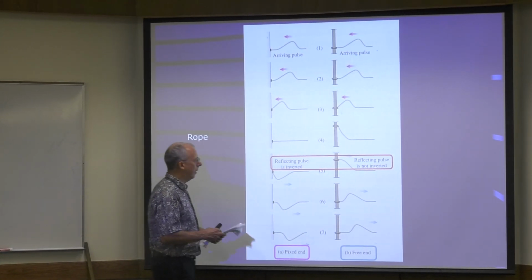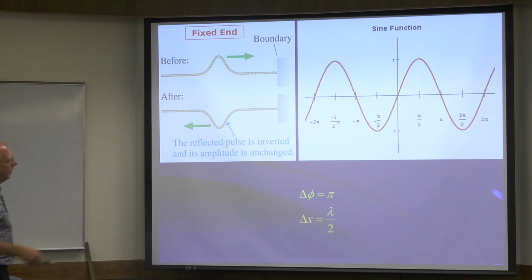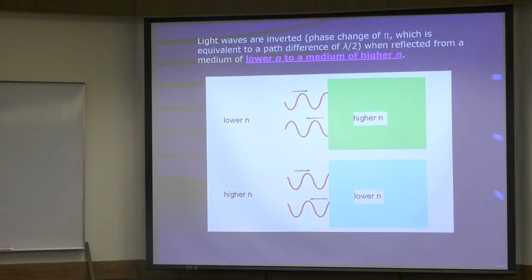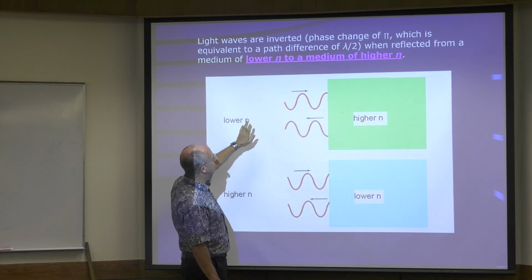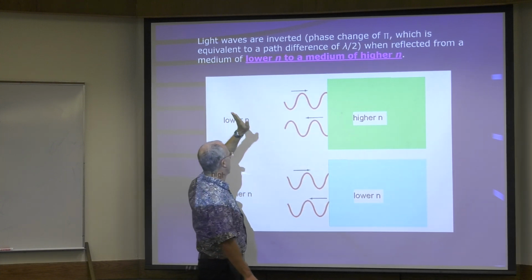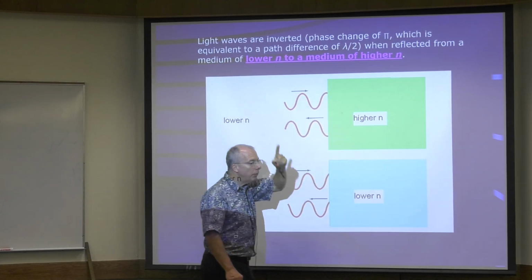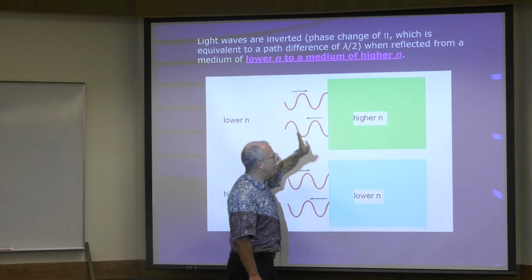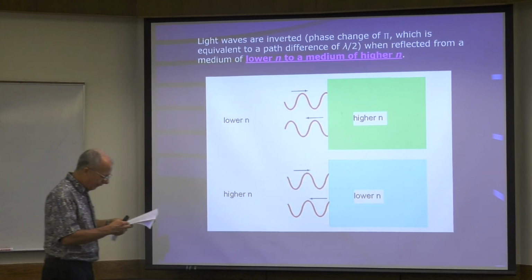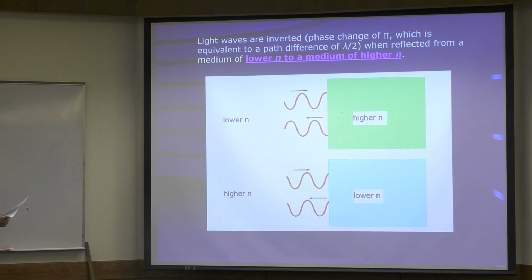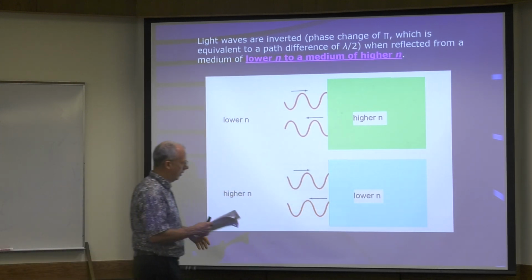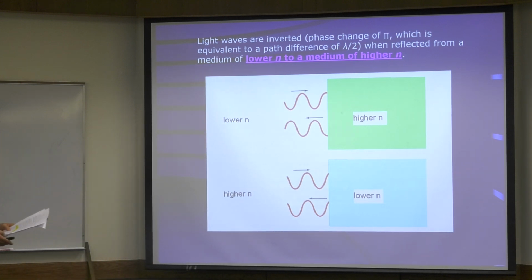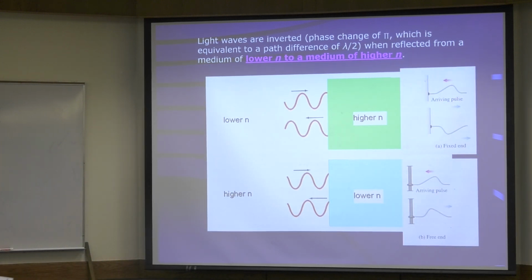It flipped. So that's supposed to be the analogy. So light waves are flipped, which is equivalent to a path difference of lambda over 2, only when reflected from low n to high n. That's it. When it goes from high n to low n, nothing happens.